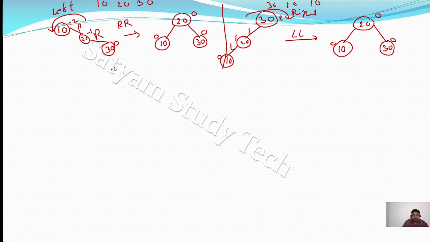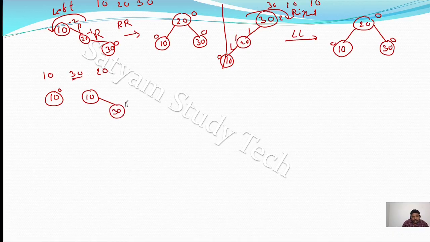Now how to discuss, here I am taking the numbers 10, 30, 20 in this order. Now here 10 is the root node, the balance factor of 10 is 0. Okay, after that you can add 30 because it is already balanced.